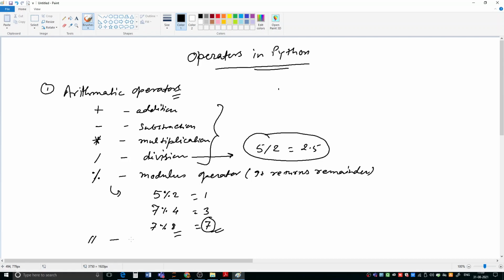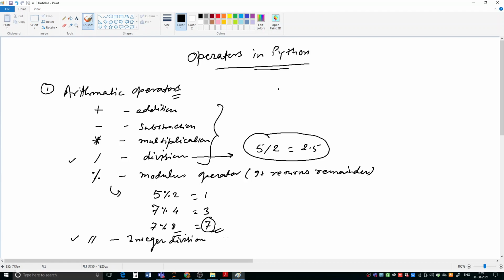This is called integer division. Integer division means what? Here you see, a double slash. So this is called integer division.